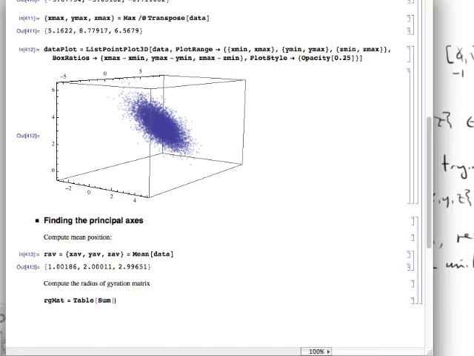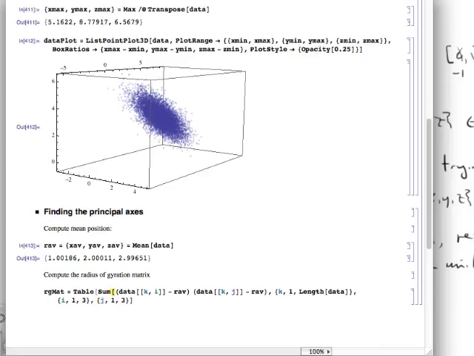So there's a table to be done, and then inside that there's a sum over the data with respect to the average position. I'll explain this after I get through typing it.